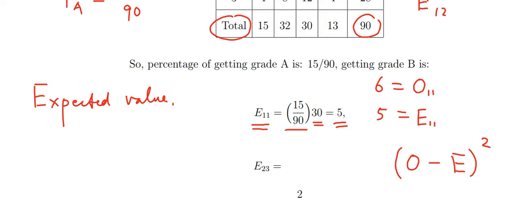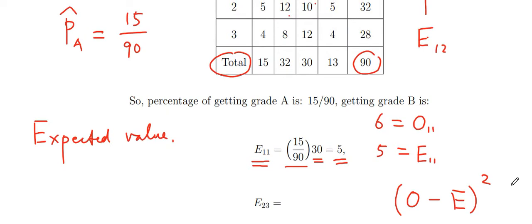Okay, so at first we need to understand the notation for the expected value at each cell. Let's say, what does E23 mean?